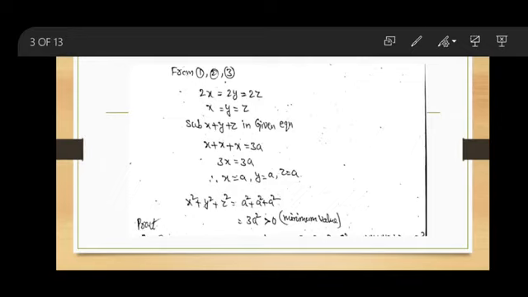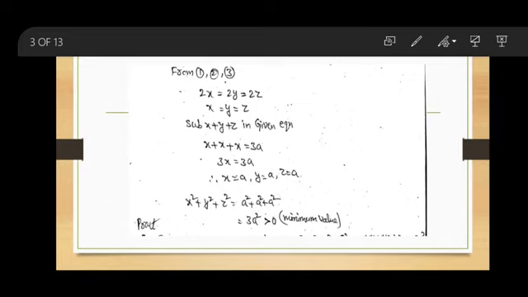This is because we know that x is equal to y is equal to z. So x is equal to a, y value will be a and z value will be a. Now we take the function x square plus y square plus z square. Substituting x, y, z values as a, we get a square plus a square plus a square, that is equal to 3a square.